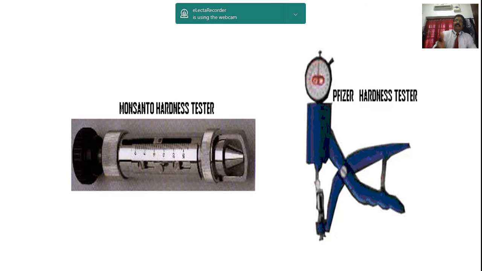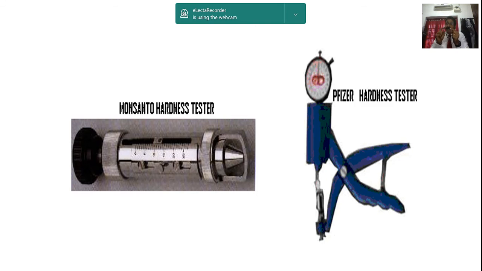See here, there are 2 pictures. One is the Monsanto hardness tester, another is the Pfizer tester. Monsanto I just told you about. Pfizer is also shown in the picture. It has a clip-like appearance. Can you see that? If you hold it like this, you keep the tablet in between.